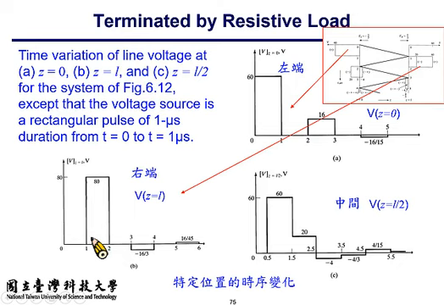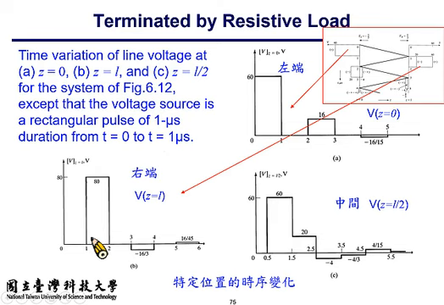So you can see here the drawings for voltage observation as time progresses, at the left, at the right, and in the middle. At the beginning, you observe a strong voltage signal because the voltage source provides the signal between 0 and 1 microsecond. However, as the injected energy is absorbed by the termination resistor and the source resistor, the voltage signal observed on the transmission line becomes smaller and smaller.